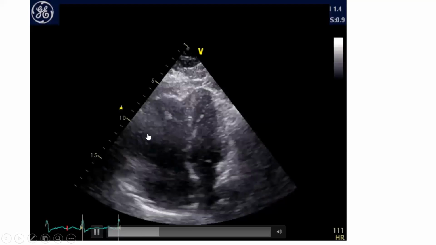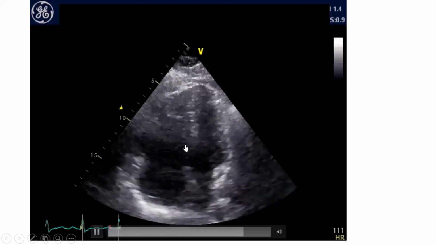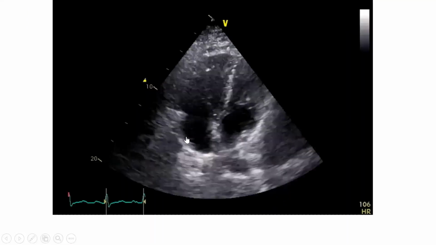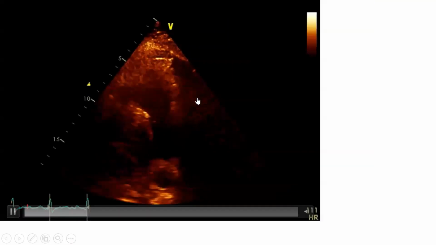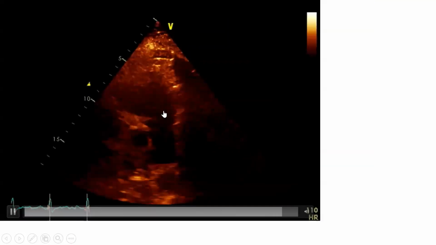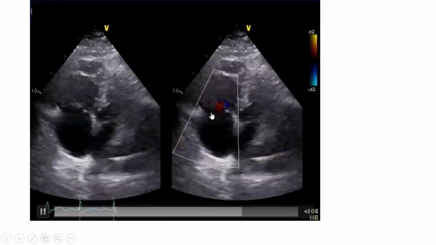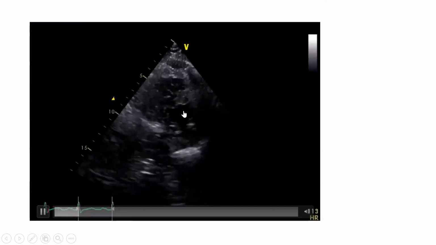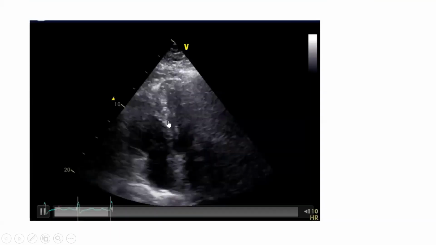Also, the RV size is dilated compared to the LV, and the septum is pushed to the LV, indicating high RV pressure. And here the tricuspid valve with tricuspid regurgitation.